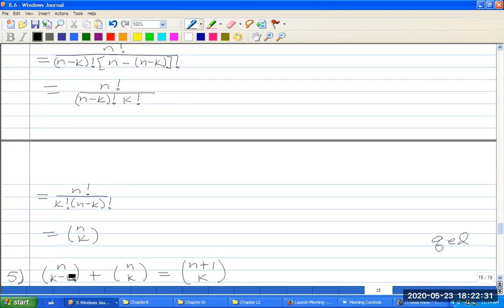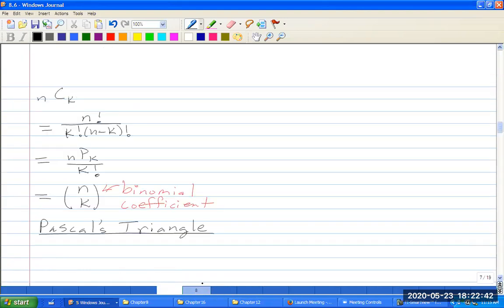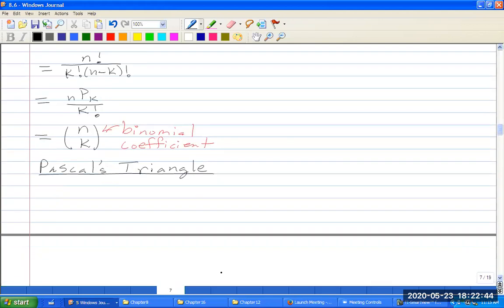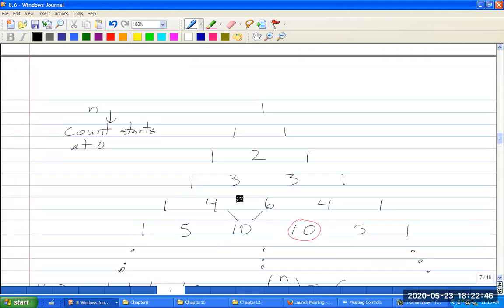Next, nCk minus 1 plus nCk is n plus 1 Ck. So I have that if you add these two terms above, you get this term.